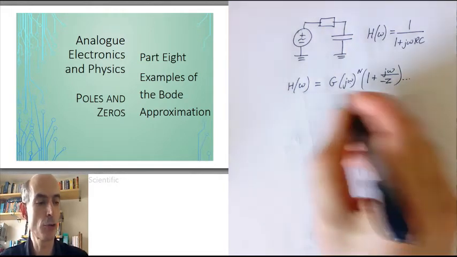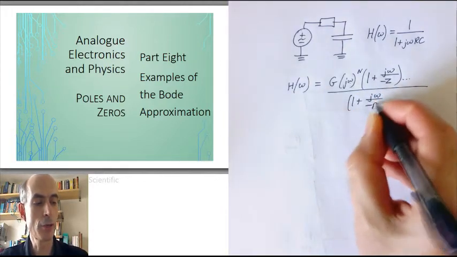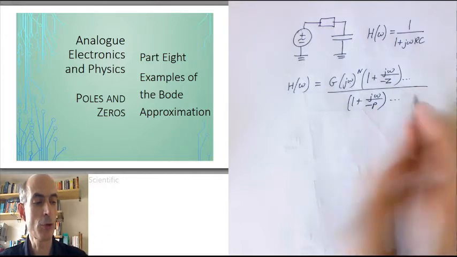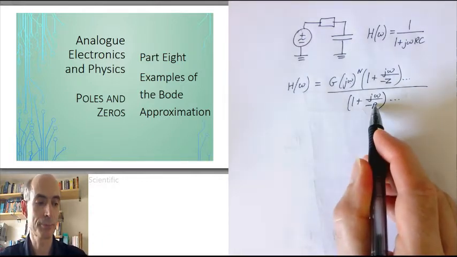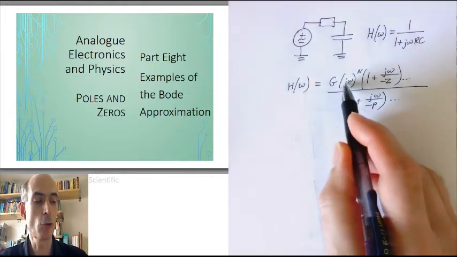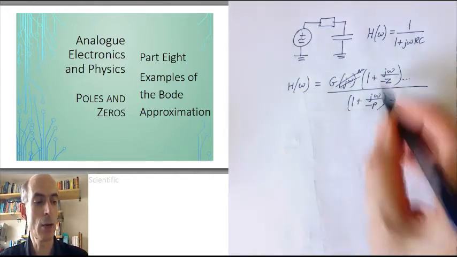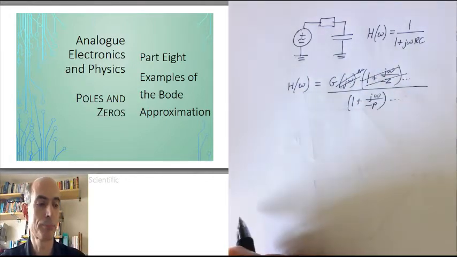These are the zeros, over 1 plus j omega over minus p, and so on. These are the poles. Well, here, the numerator is just 1, which means that we don't have any zeros at all. So we don't need that term, and we don't need any of those terms either.